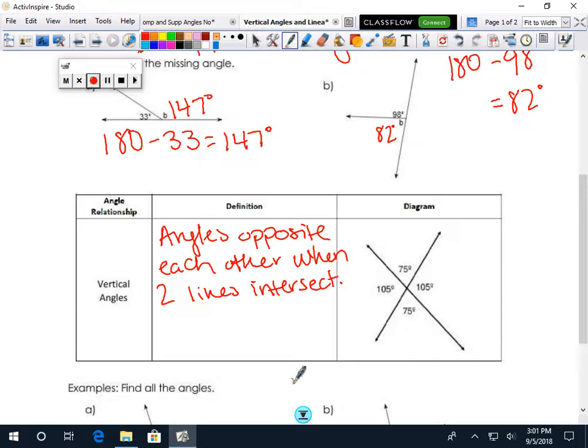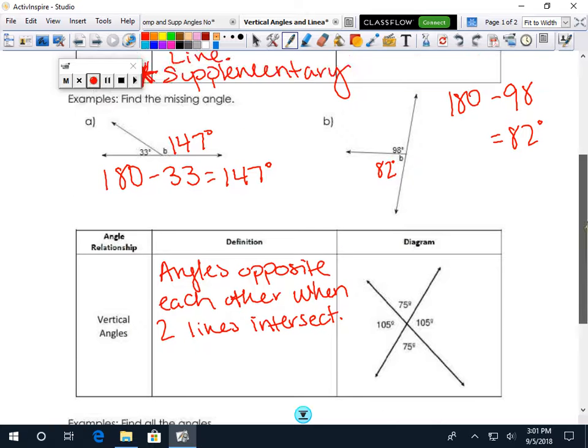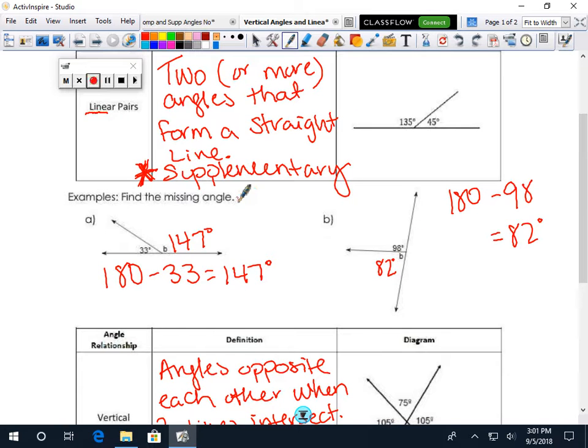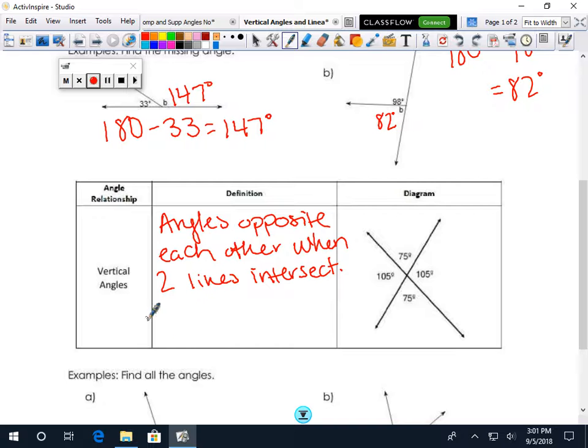The key word here for vertical angles: with linear pairs, we said they were supplementary. Vertical angles are going to be congruent. So vertical angles are always congruent. Linear pairs are always supplementary.